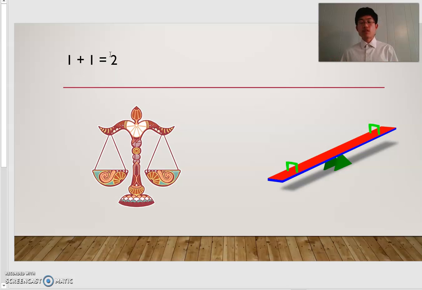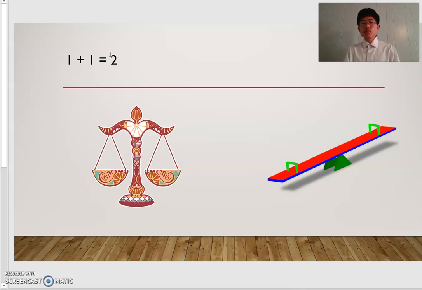Same thing with the seesaw. One person sitting on one end, another person sitting on the other end. If they have the same weight and same force, hopefully neither of them will be touching the ground. If one person's heavier, obviously one person is on the ground and one is not, right?